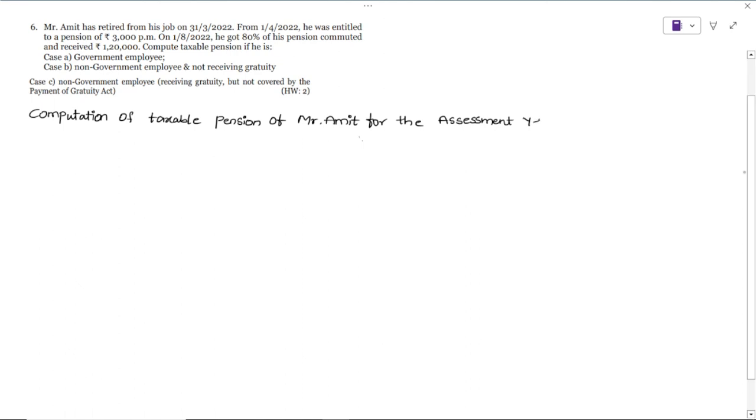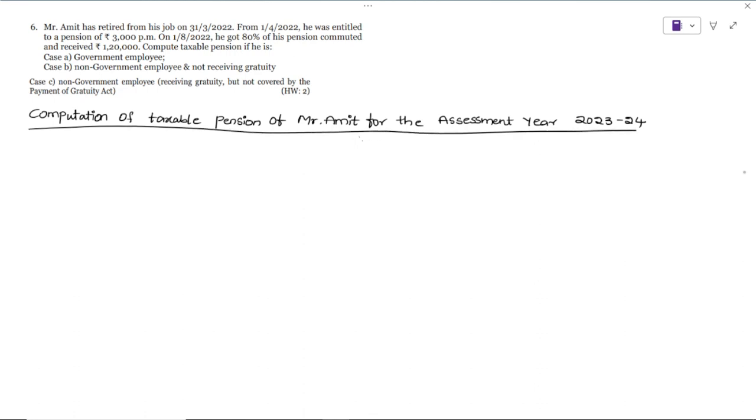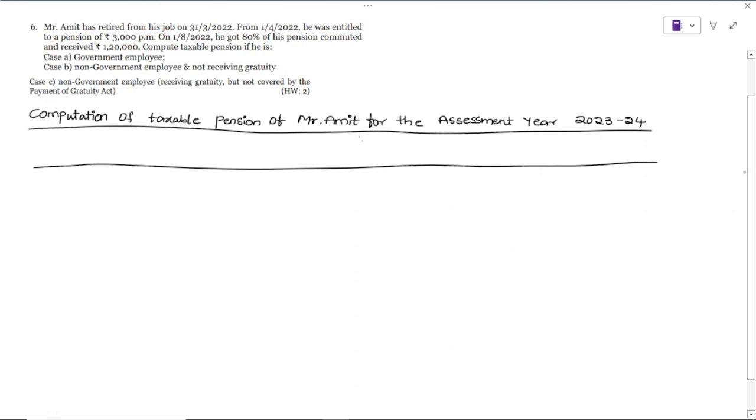Now we have three cases, correct? So we'll write around 3 into 2, 6 columns plus particulars column. 7 columns we'll draw. Particulars, case A, in that details amount. Case B, details amount. Case C, again details and amount. Okay.